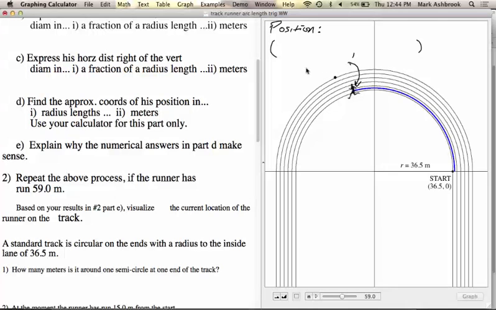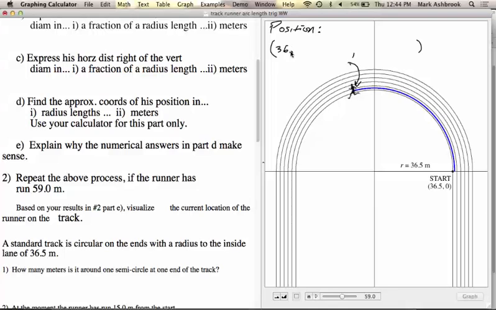How would you express the x coordinate of the runner in meters? Any idea? Drawing a blank. Is it Cassidy? Yeah. Did you get it? X coordinate of the runner in meters. No, I want exact. No calculator. I want an expression that's exact.